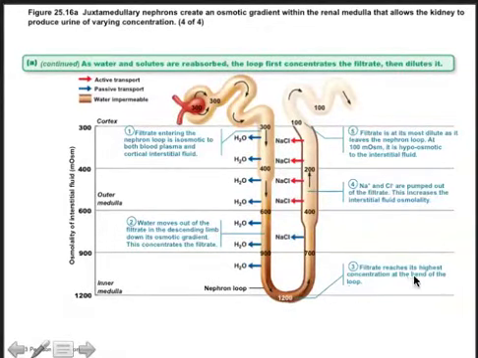The filtrate reaches its highest concentration at the bend in the loop, and then as we ascend, sodium and chloride are pumped back out. This increases the interstitial fluid osmolality, and then finally we re-achieve the cortical osmolality in the distal convoluted tubule, at about 100 milliosmoles or so.